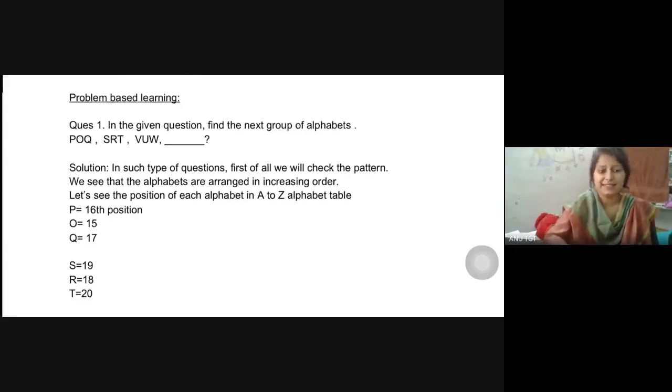Students just see the pattern shown in question number 1. One of the groups is POQ, SRT, VUW, and we have to find another group of alphabets. Students generally say this is the pattern and it is so difficult. But I am telling one way to solve such questions.